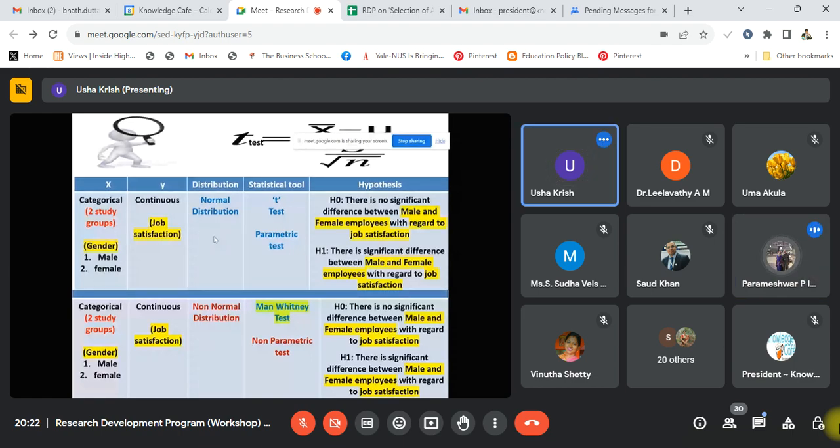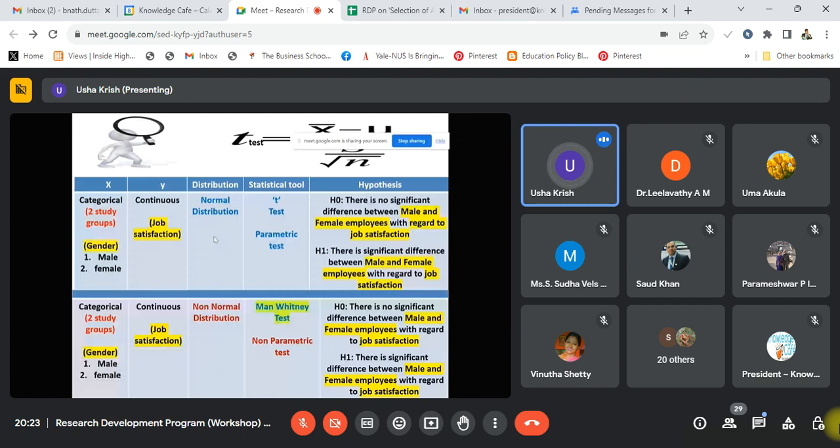Please do. Okay. Now, t-test, when to use, I explained. X should be categorical, Y should be continuous, and the distribution should be normal. Only then we can use t-test. If you are using t-test, how to formulate the hypothesis?